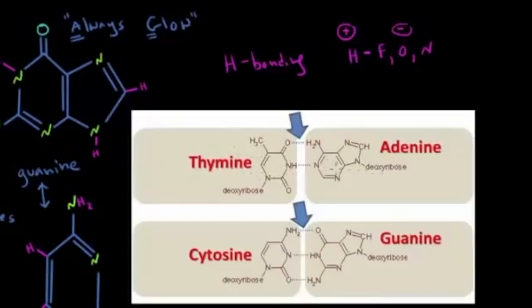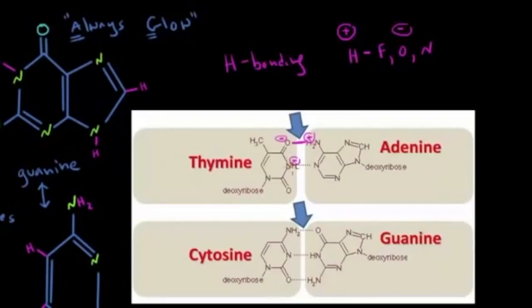So let's look at thymine and adenine. We have this oxygen over here, which is going to be somewhat negative because it's pulling electrons away from that carbon and in this double bond. And then these hydrogens are going to be somewhat positive because the nitrogen near them is pulling electrons away. And so they form this hydrogen bond right over here. Then we have another hydrogen bond between this positive hydrogen.